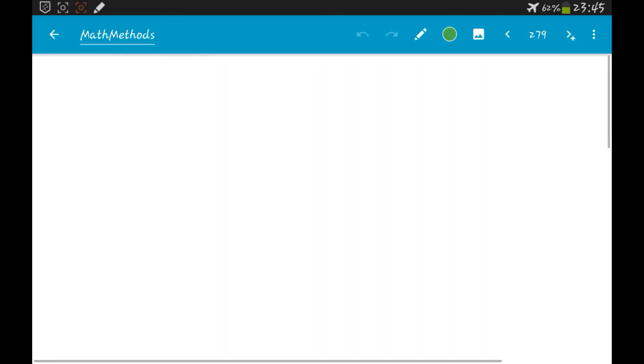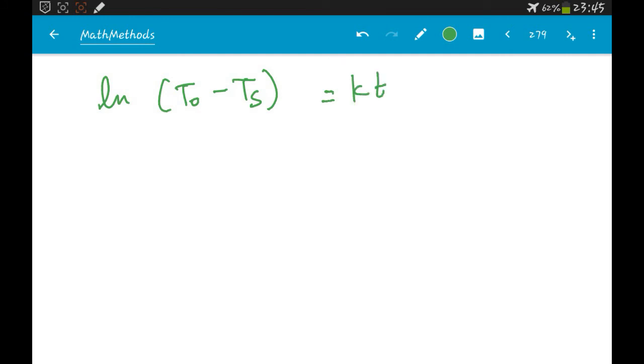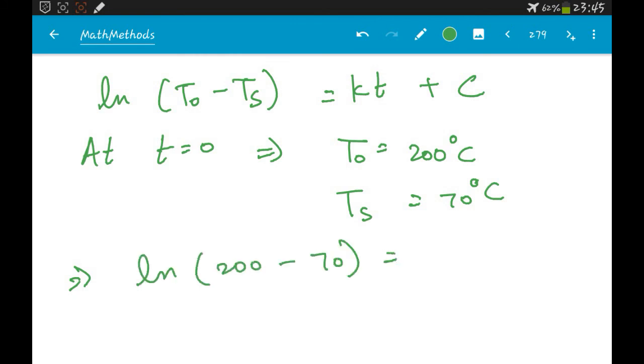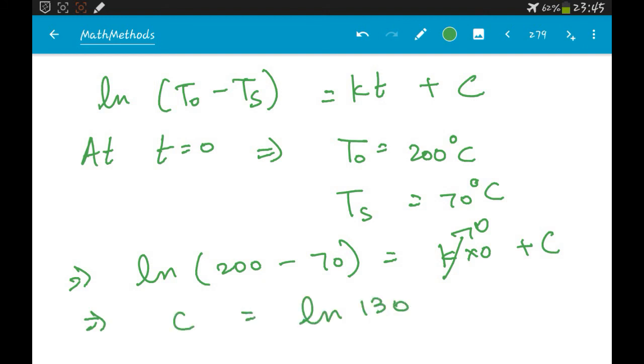So let's do it. ln(T0 minus Ts) is equal to Kt plus C. At t equal to 0, T0 is 200 and Ts is 70. So we can write ln(200 minus 70) is equal to k into 0 plus c, right? So this is 0 and we get c is equal to ln 130.